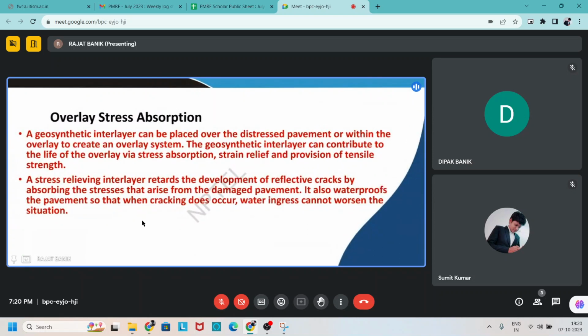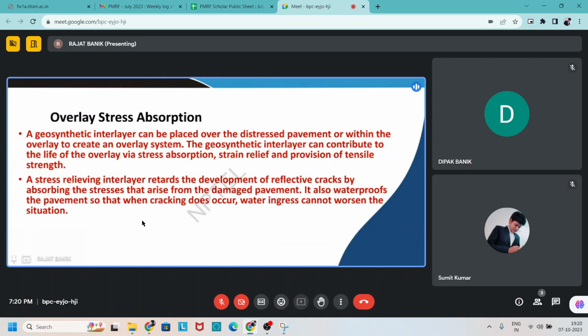So a geosynthetic interlayer can be placed over the distressed pavement, on or within the overlay, to create an overlay system. The geosynthetic interlayer can contribute to the life of the overlay via stress absorption, strain relief, and provision of tensile strength.